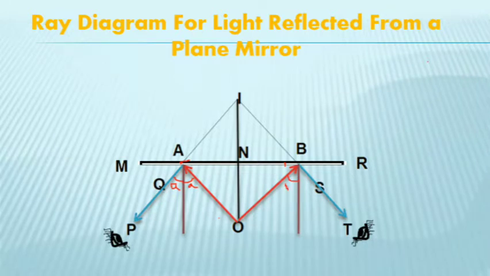Here the angle B is the angle of incidence, and here B again, or you can write B prime, is the angle of reflection. So the angle of incidence and angle of reflection are both the same. So here we have drawn the ray diagram of light reflected from a plane mirror.